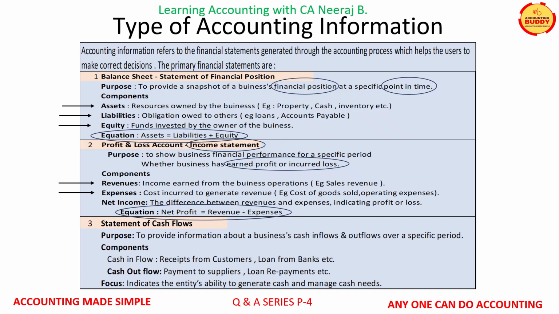Now, cash flow statement provides the vital information about the cash inflows and outflows of the business during a specific period. The components of cash flow are inflows and outflows. It basically indicates the business entity's ability to generate cash and manage cash needs of the business.